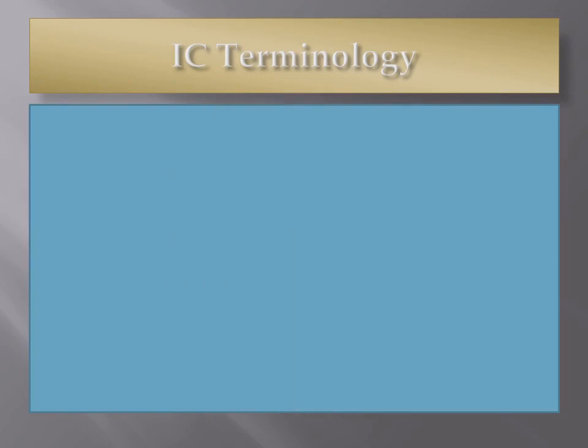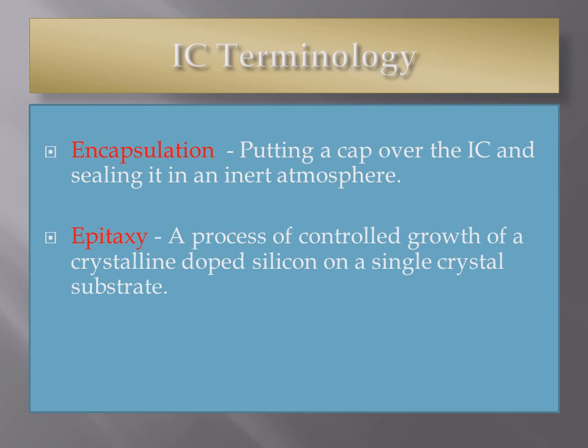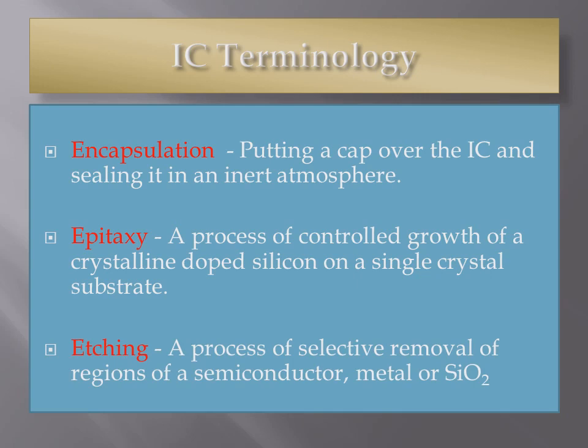Encapsulation: putting a cap over the IC and sealing it in an inert atmosphere. Epitaxy: the process of controlled growth of crystalline doped silicon on a single crystal substrate. Etching: the process of selective removal of regions of a semiconductor, metal, or silicon dioxide.